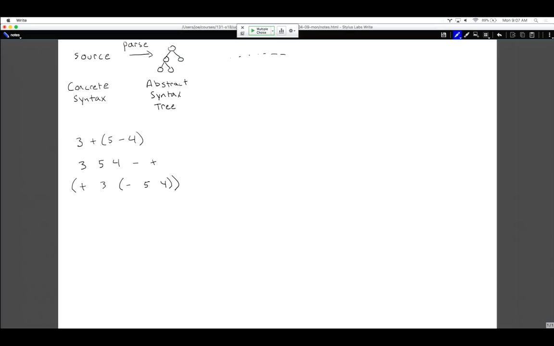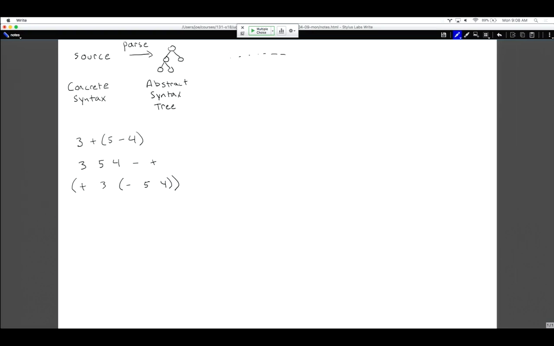So that's open parenthesis plus 3, and then we would evaluate this the same way we think about evaluating our typical Western-style infix notation, where we find the innermost set of parentheses, evaluate that, and then work our way out, right? So these are 3 different syntaxes for exactly the same expression, or exactly the same program, we could say, right?